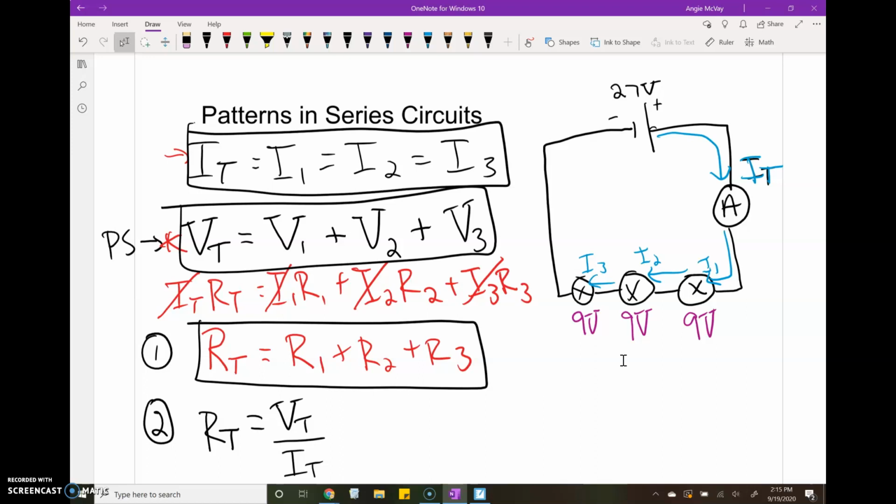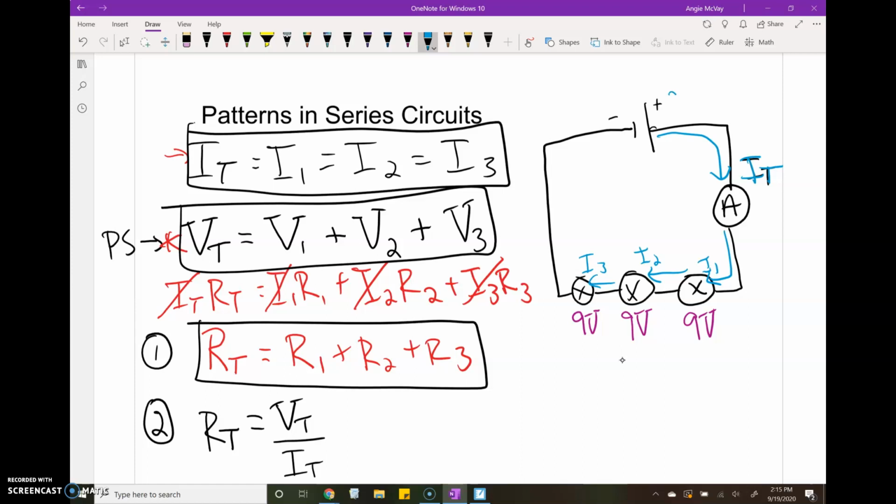So if we start out with 27 volts of potential, of energy per unit charge, the first light bulb will take out 9 volts of that energy, of that potential. The next light bulb will take out another 9 volts, and the next light bulb will take out another 9 volts.